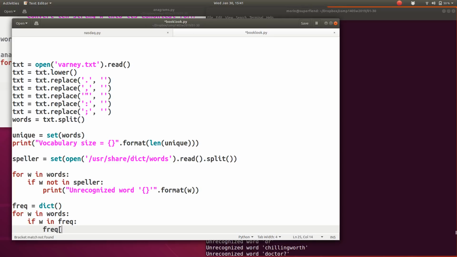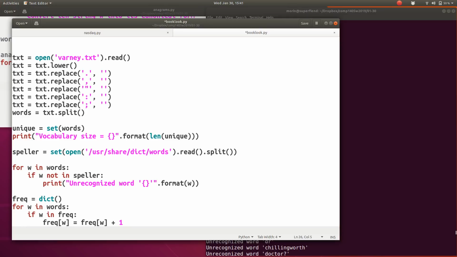So the value that I want to store there is whatever value was there before, and now I've seen this word again, so I add 1 to the value that used to be there.